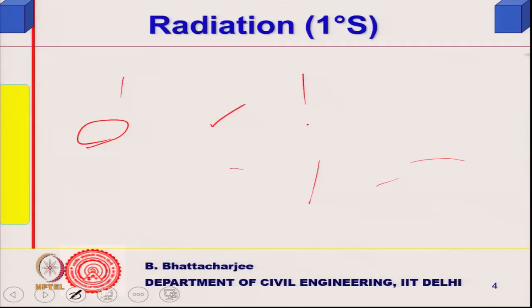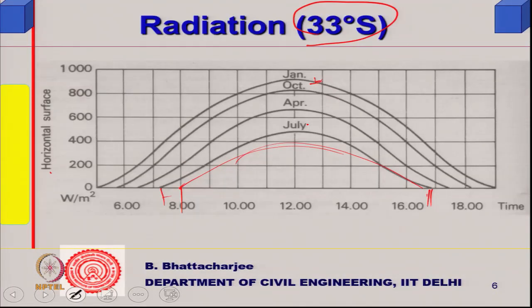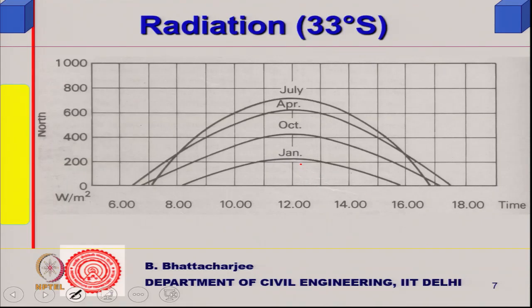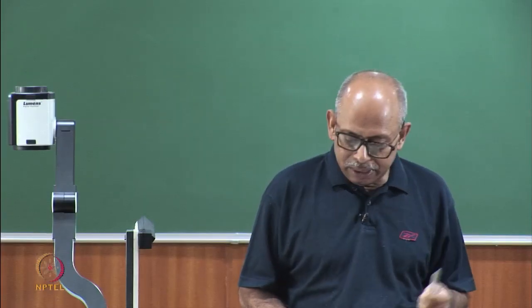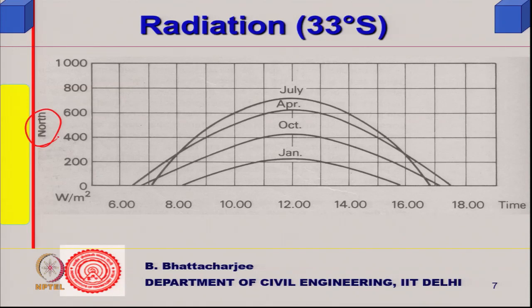But if you compare this with this one, you find that this is somewhat less. Although the peak is similar, because it is a horizontal surface, the daytime becomes less, so the total radiation received will be less. Well, we understand this anyway, because it is a function of latitude and declination, as we have seen earlier. If you see the north surface in this case, which is equivalent to the south surface in the northern hemisphere, this is in winter months, this is in summer months.